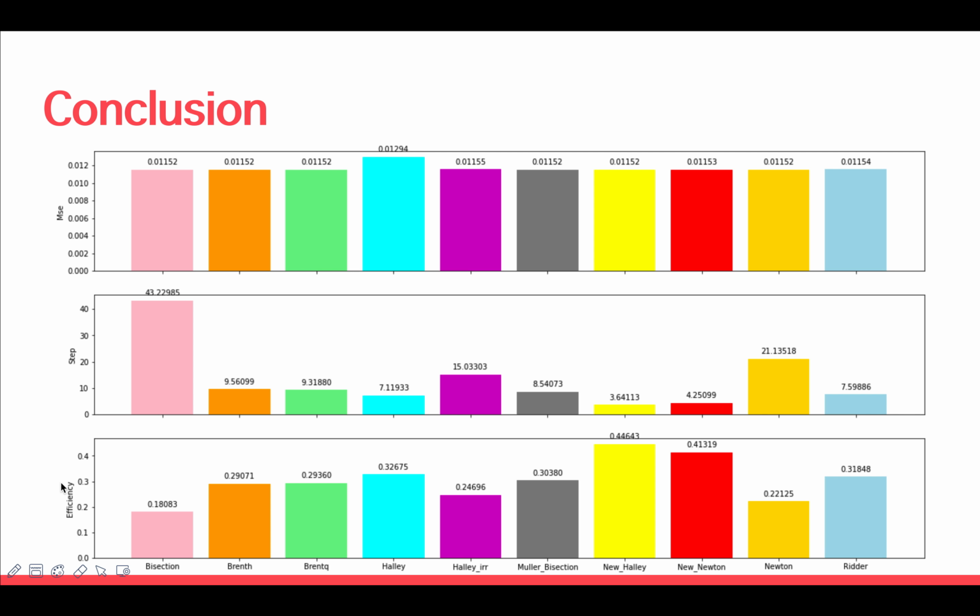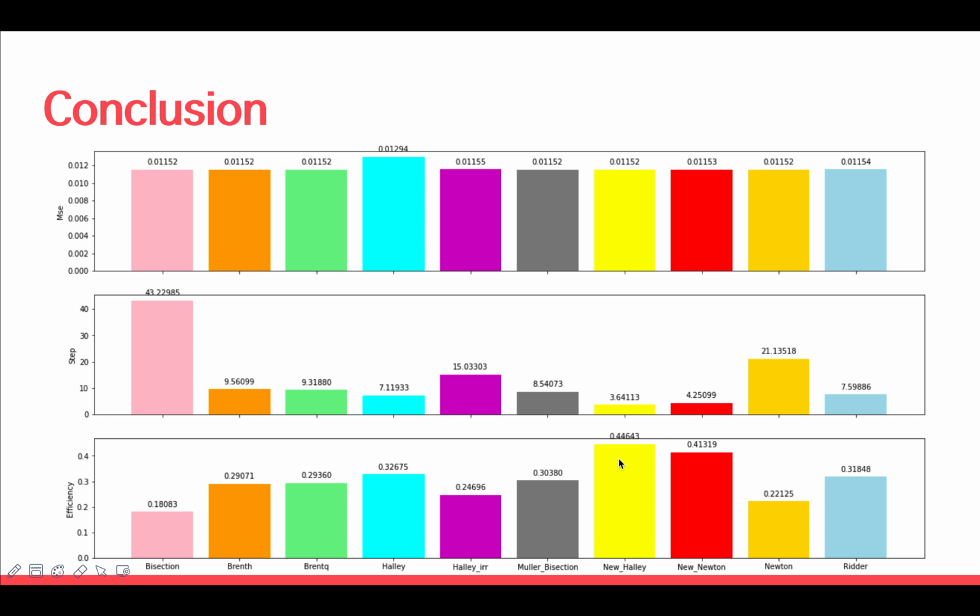And then we get the efficiency. The efficiency result combines the step and the MSE based on the formula I told before. So we can say if the efficiency is higher, that means the method is better than others.